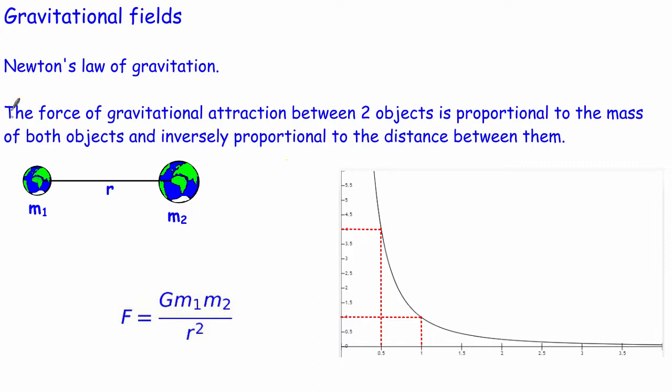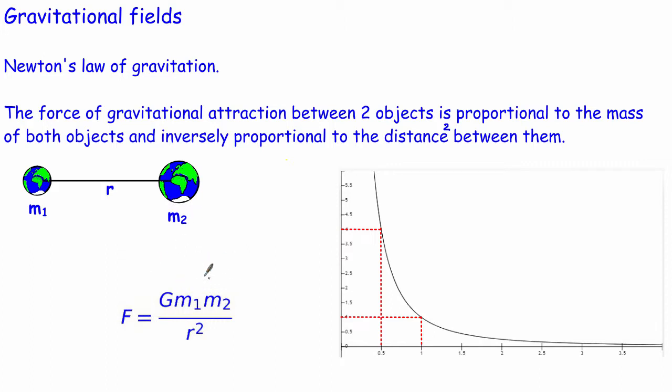The force of attraction between two objects, because gravity is only ever an attractive force, it never repels, is proportional to the mass of both of the objects. So the more mass there is, the bigger the force, and it's inversely proportional to the distance squared between them. Basically, if we increase the distance, then the force will go down.